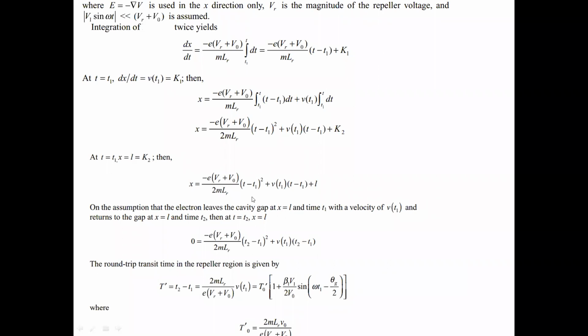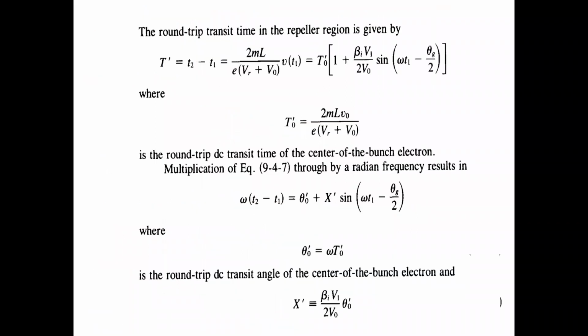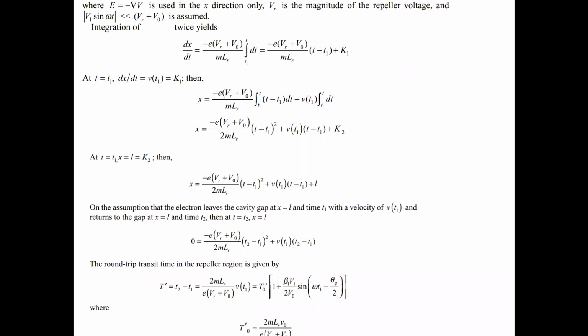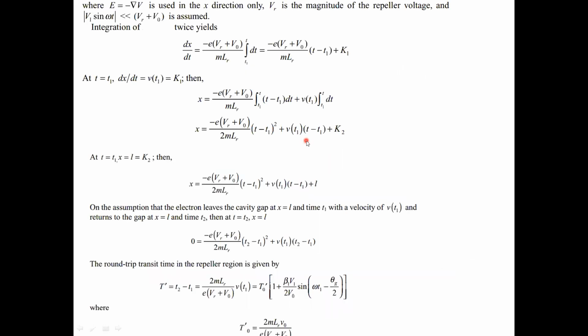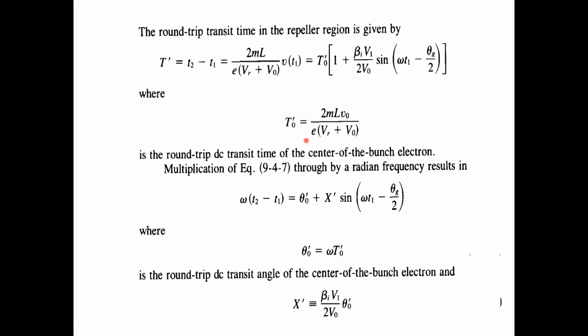Therefore you are able to calculate the round trip time, which equals 2 m V naught by e into (V_R minus V_R plus V naught). So this is the total round trip time in the repeller region.